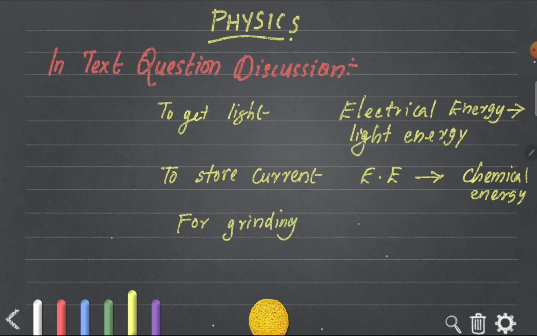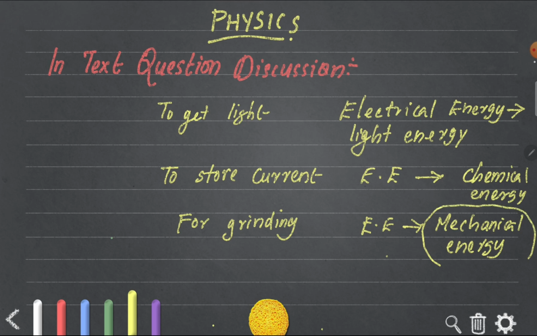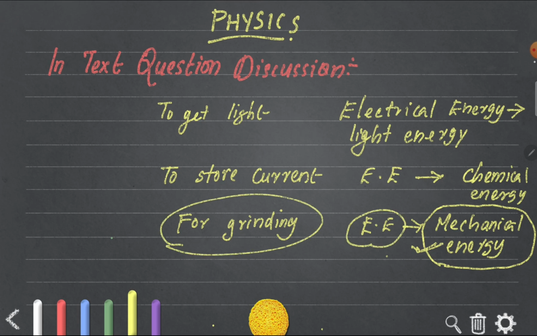It is electrical energy into mechanical energy. You should keep in mind that you have already studied mechanical energy in your class 6, right? Energy associated with the movement of a machine is commonly called mechanical energy. And here in the mixie also, it is used for grinding, and there the electrical energy is converted into mechanical energy.